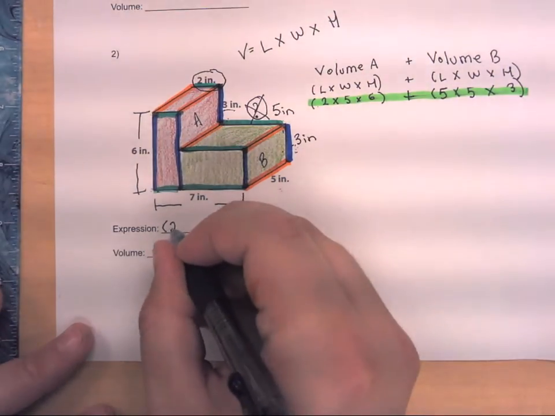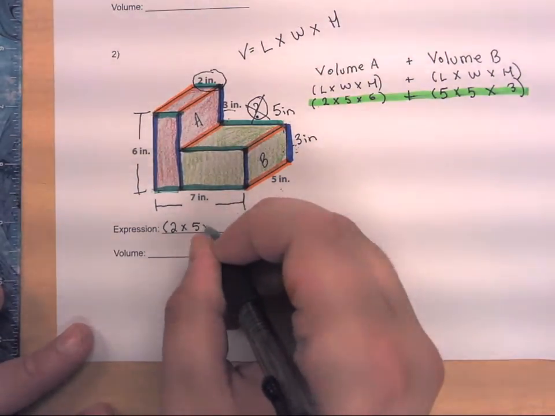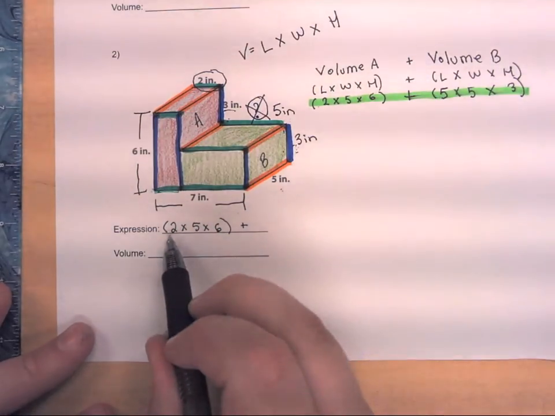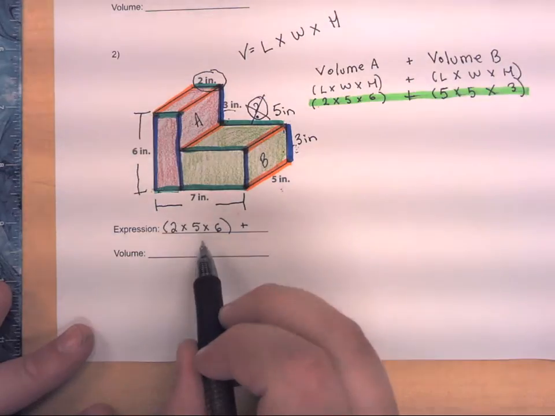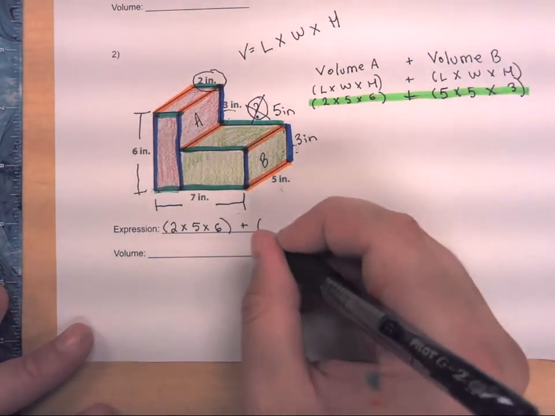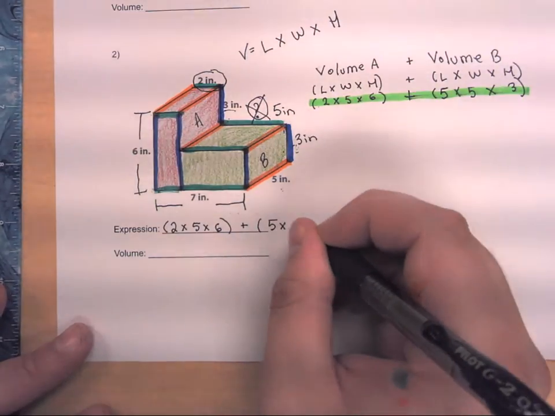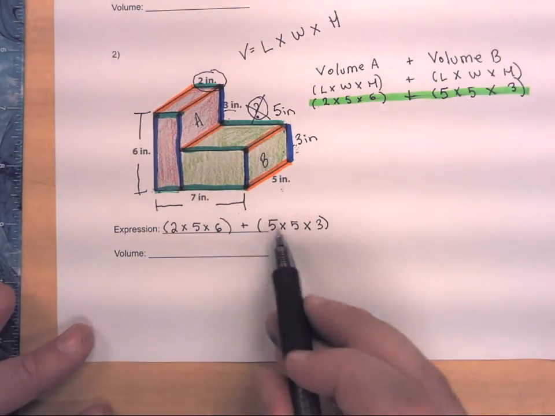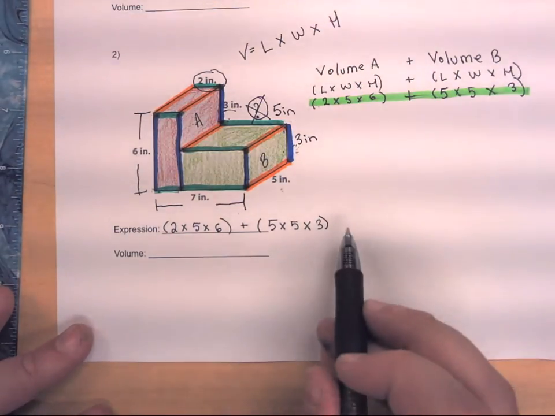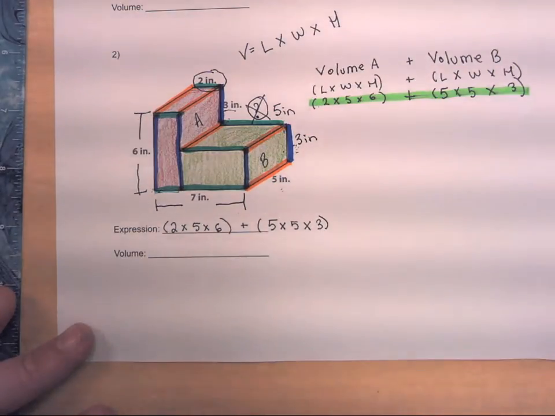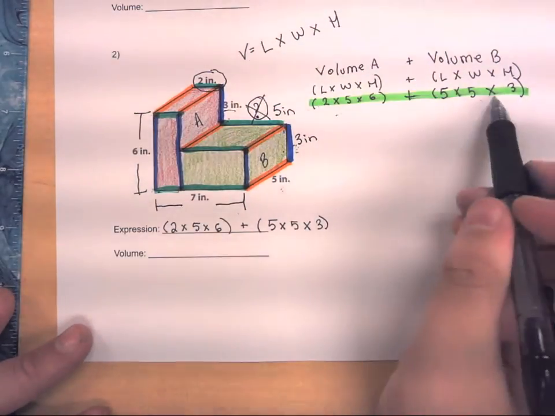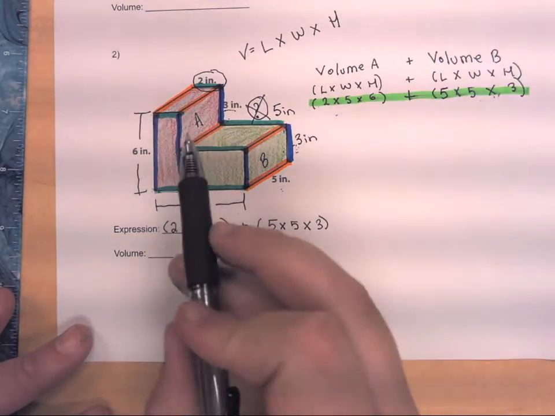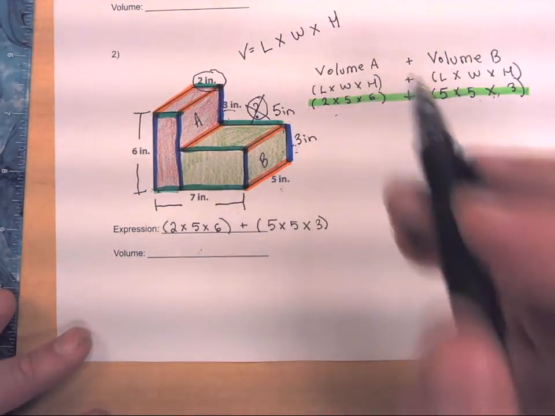So we're going to add the quantity 2 multiplied by 5 multiplied by 6 to the quantity 5 multiplied by 5 multiplied by 3. Now we just need to evaluate this expression here, and that's going to give us the volume for the entire composite figure.